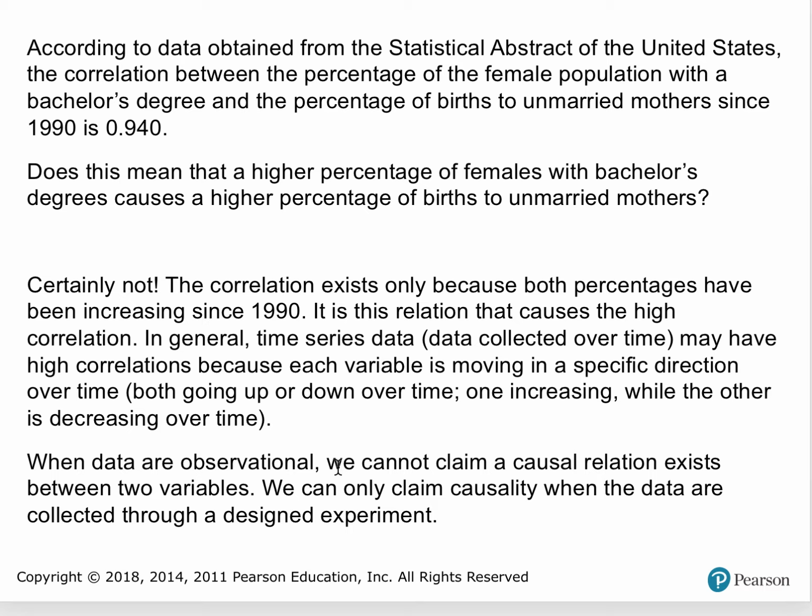Okay, recall. In chapter 1, we stated there's two types of studies. We had observational studies and designed experiments. So the data that we were just looking at was from the result of an experiment, right? They wanted to know this, so they went out and gathered their data.